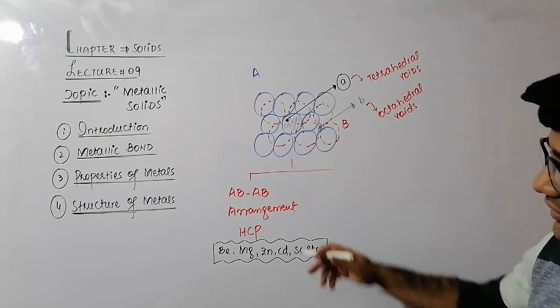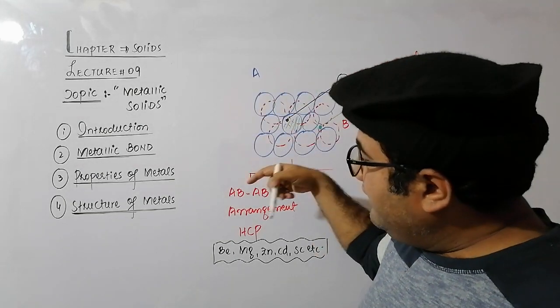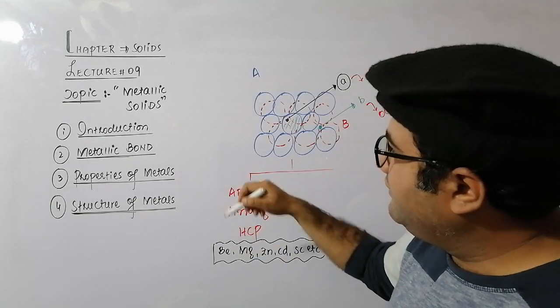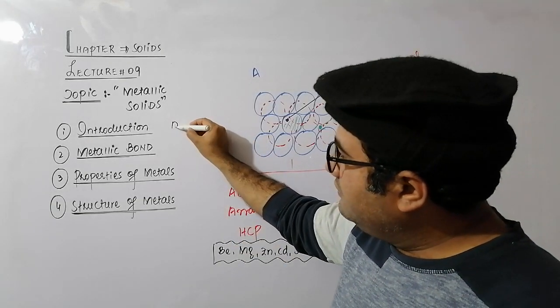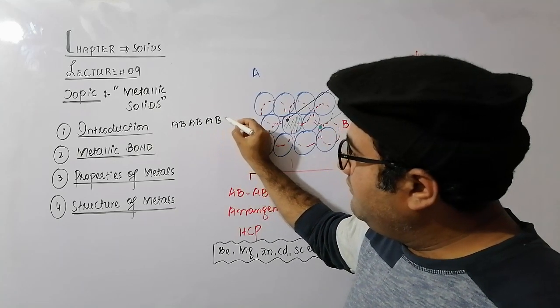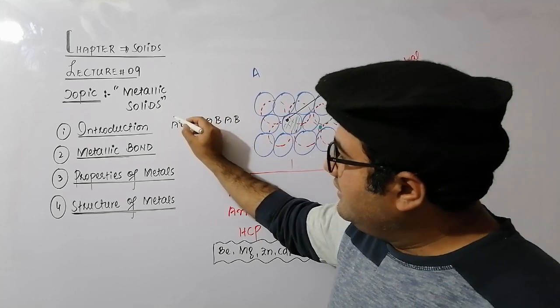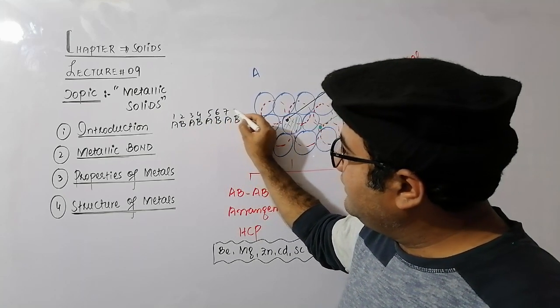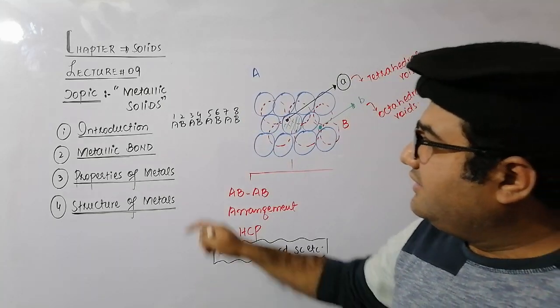And then a very important question is asked: which layers are exactly over one another in case of this AB arrangement? So repeat this one: AB, AB, AB, AB, and so on. First, second, third, fourth, fifth, sixth, seventh, and eighth. Now look at this.